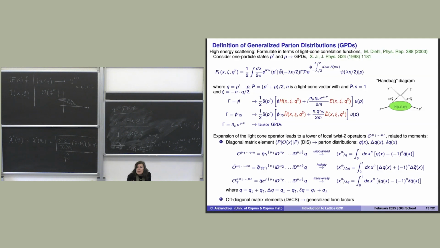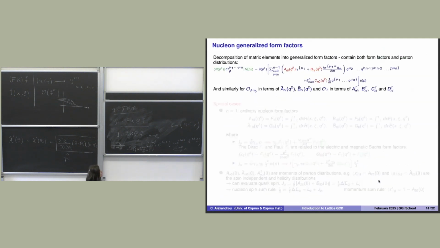So I'm limited to the lower orders, but that's very important because, for example, I can calculate the momentum fraction carried by quarks in the nucleon or in any hadron. Okay, this we can do. This we can do by calculating the matrix elements of these operators in nucleon states.